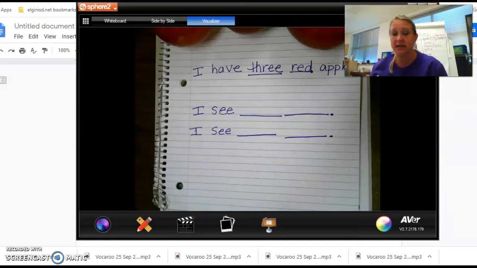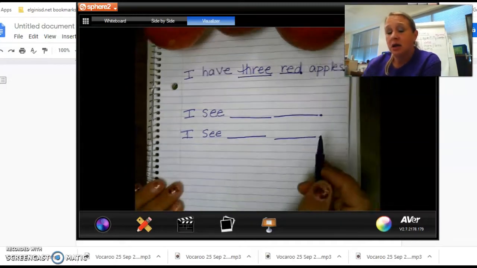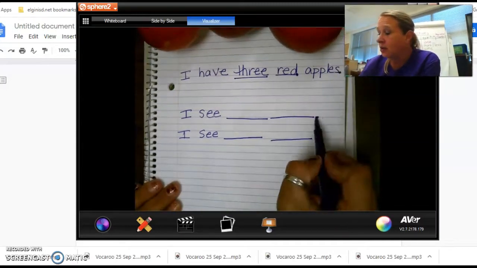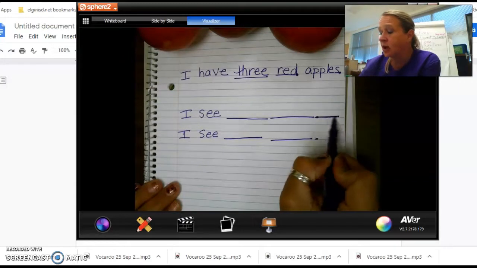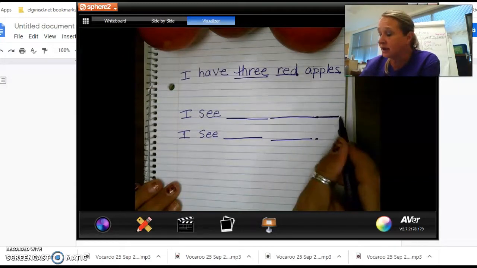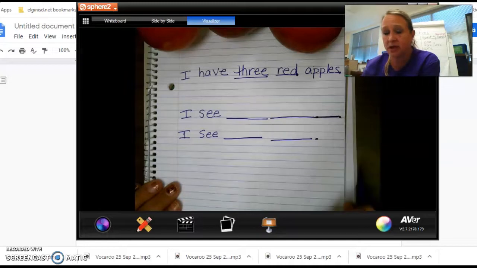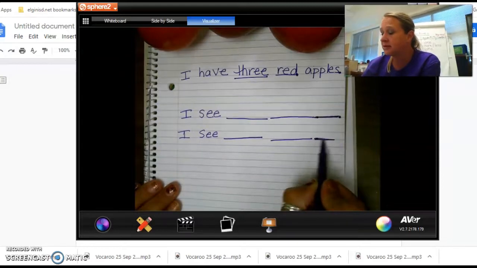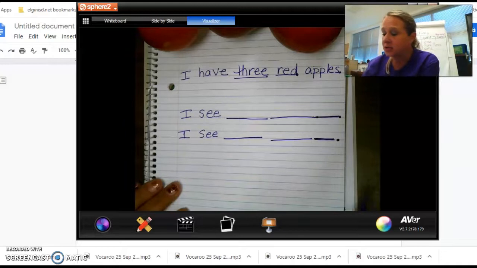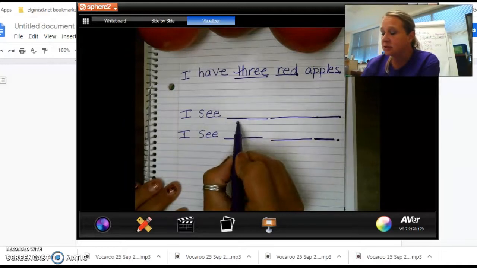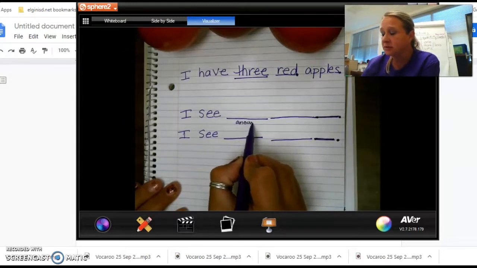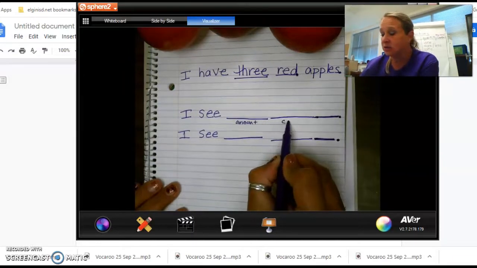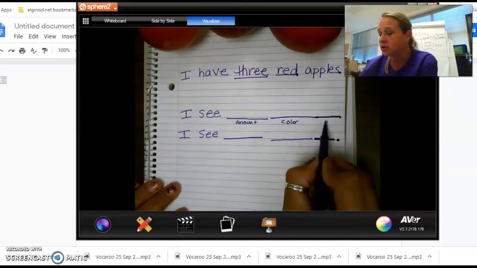I see 3 red what? So then you're going to write your object after the color. I see 4 purple what? So you're going to add your object after the color. So this is the amount. This is the color. And this is your object.